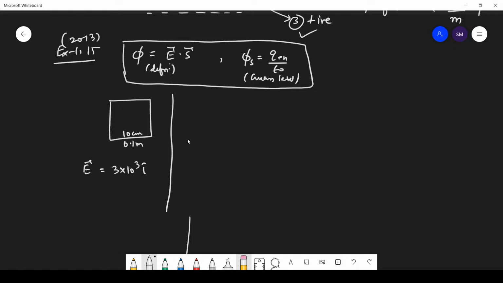So what is the flux through this field? The electric field is clearly, this I cap means X direction, so the field is in the X direction and the square is in the YZ plane. So this is the YZ plane.